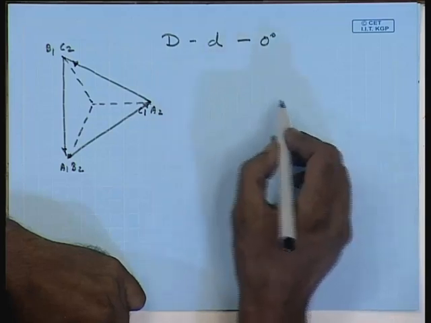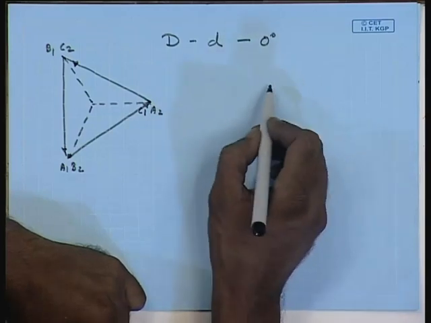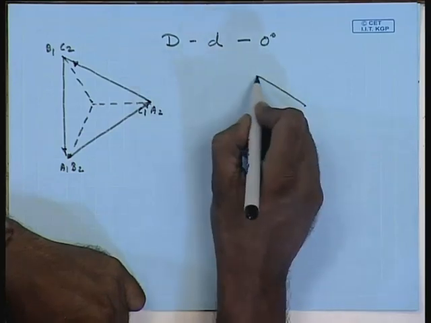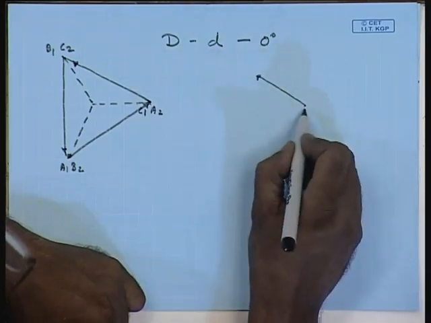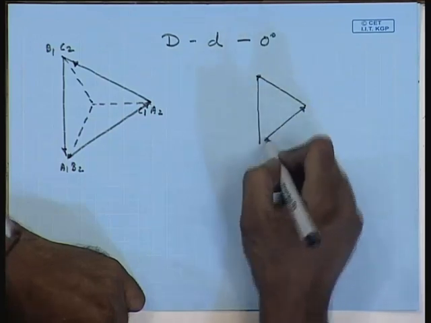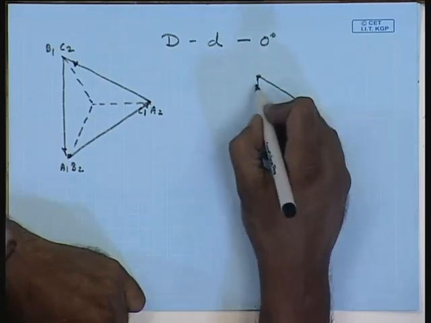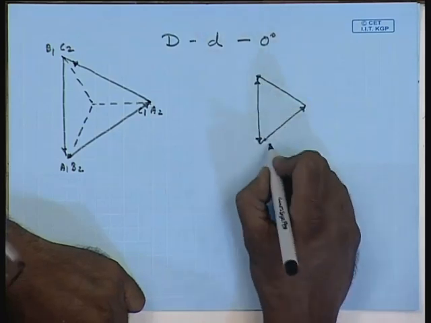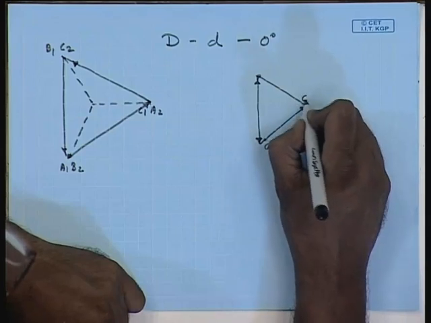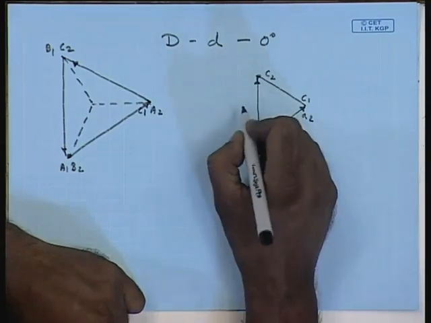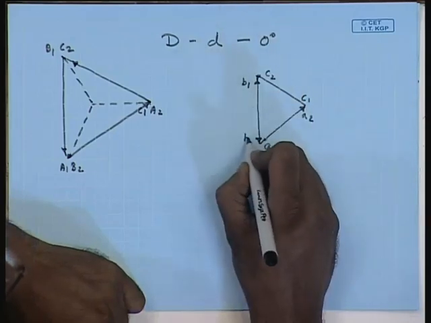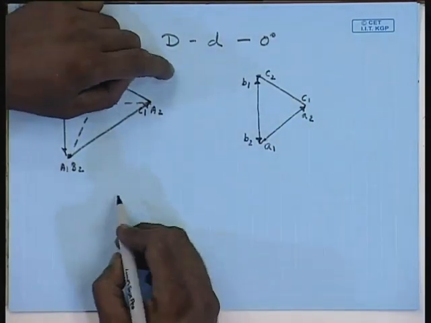So, on the secondary side, this will be the phasor, this will be another phasor and this will be another phasor. This will be A1, A2, this will be C1, C2, this will be B1, B2. Connection wise, it is simple.